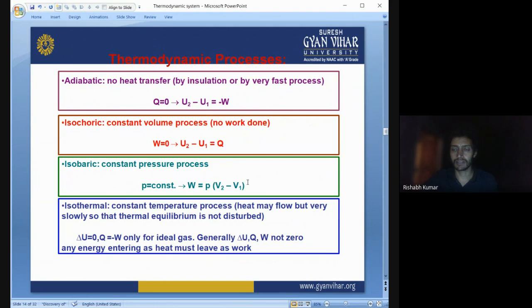And if work is done by the surrounding on the system, then it is the gain of energy by the system in the form of heat. Okay, heat energy.